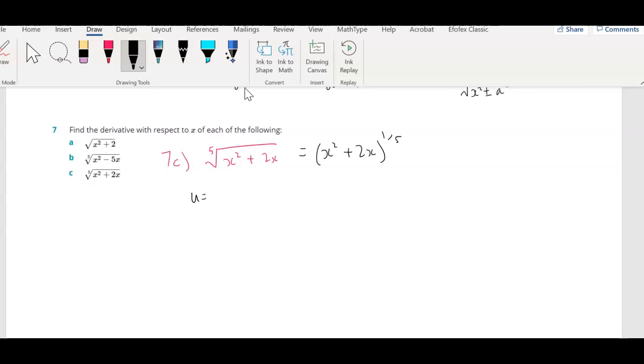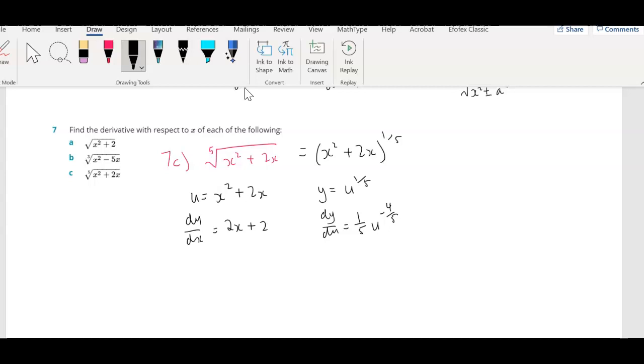All right, so we're going to let u equal x squared plus 2x. So du dx is equal to 2x plus 2. And we're going to let y equal u to the power of 1/5. So dy du is equal to 1/5 u to the power of 1/5 minus 1, which is -4/5.